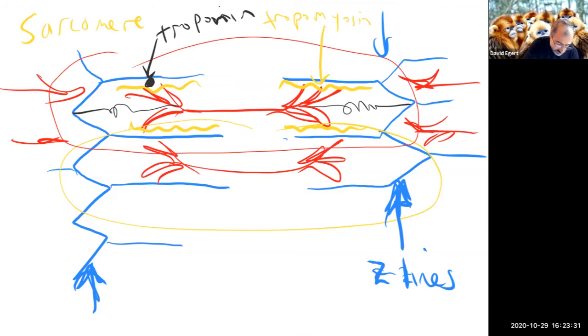Troponin has 3 binding sites. It binds onto the tropomyosin, onto the actin, and it also has a binding site for calcium.